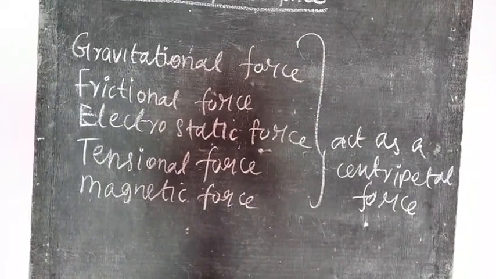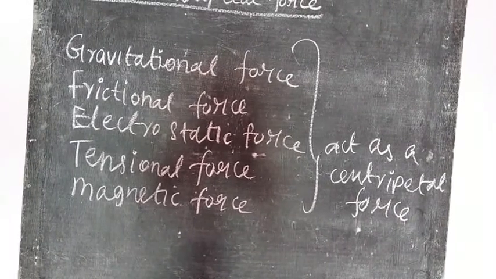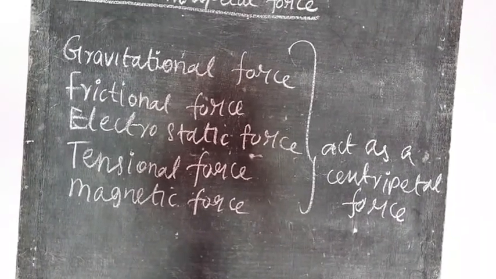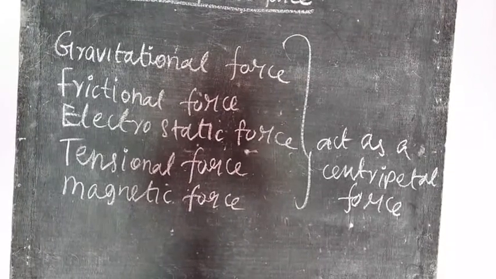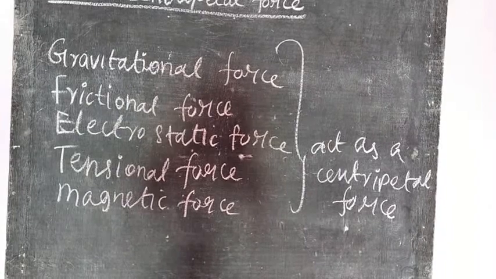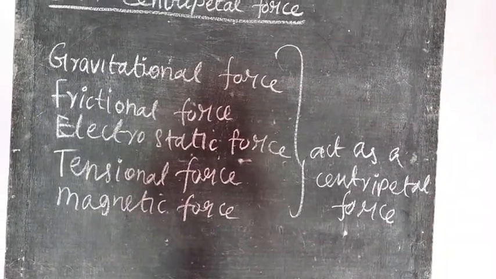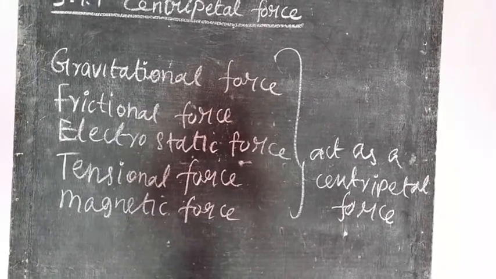Between the moon and the earth, and between the earth and the sun, gravitational force is acting. The gravitational force provides the centripetal force, and it makes the moon revolve in a circular path.